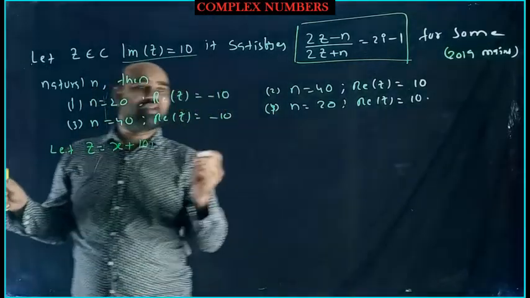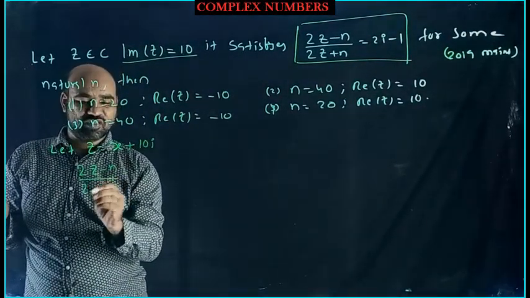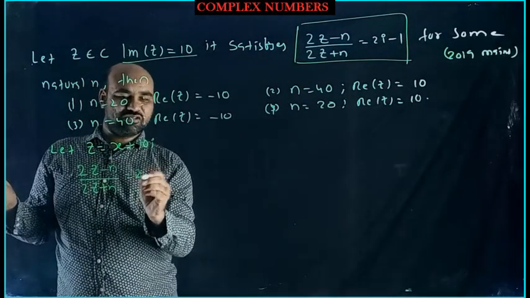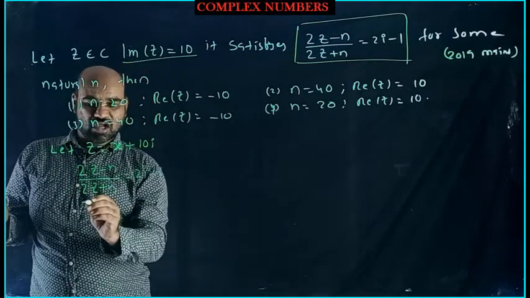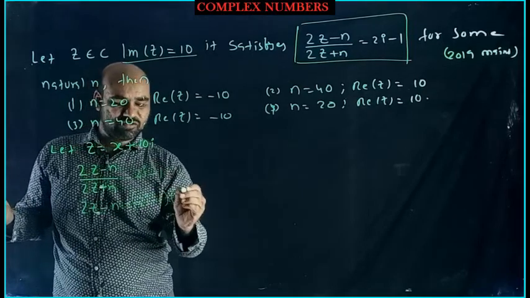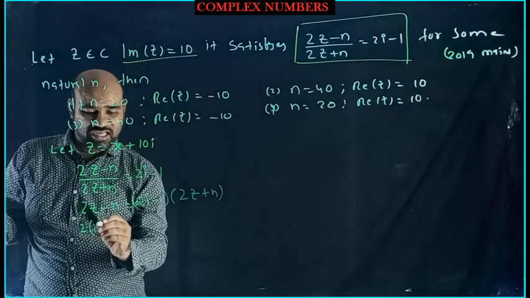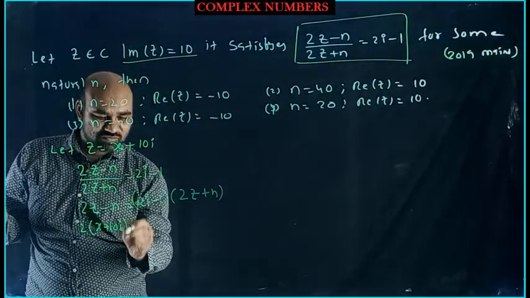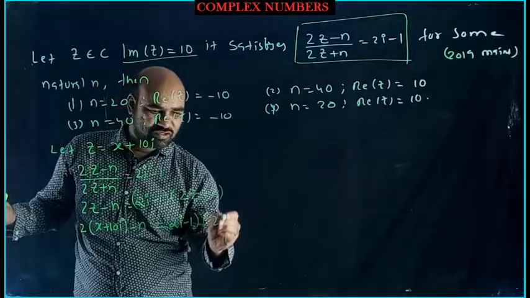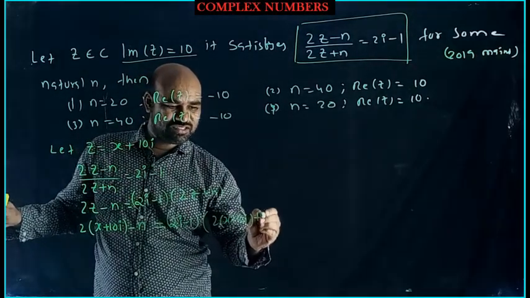Now I want to find, first of all, the value of (2z minus n) by (2z plus n), which is also equal to 2 iota minus 1. So 2z minus n equals (2 iota minus 1) into (2z plus n). Instead of z I can write x plus 10 iota. So 2 into (x plus 10 iota) minus n is equal to (2 iota minus 1) into 2 into (x plus 10 iota) plus n.